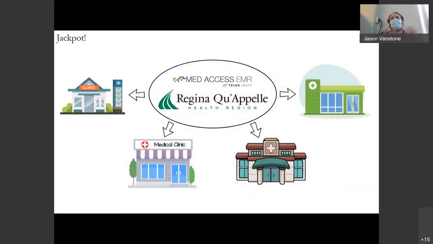So as all that was happening in the background, we were looking at ways to identify data and actually get some numbers to go out and talk to people. And so we hit the jackpot in the data analysis world. We discovered that there were a handful of clinics in, at that time, the Regina-Qu'Appelle Health Region, which all operated off of the same EMR, a MedAccess EMR that was owned by Regina-Qu'Appelle, which meant, as far as access to data, that helped eliminate a bunch of barriers in terms of creating data sharing agreements with a bunch of different individual clinics.